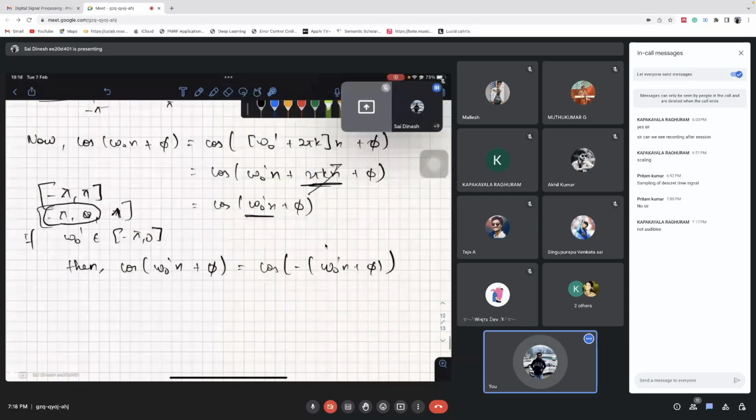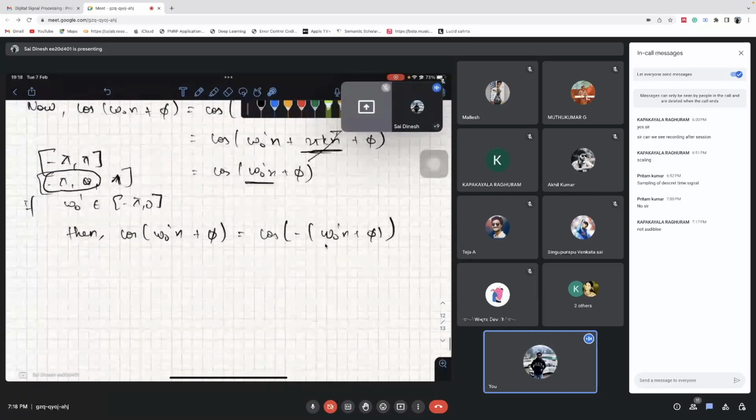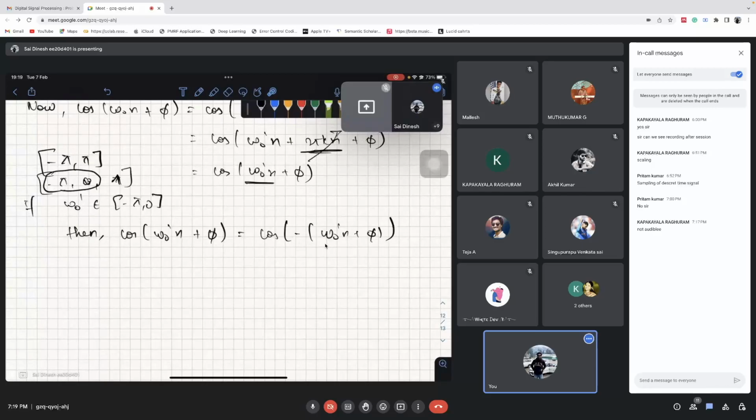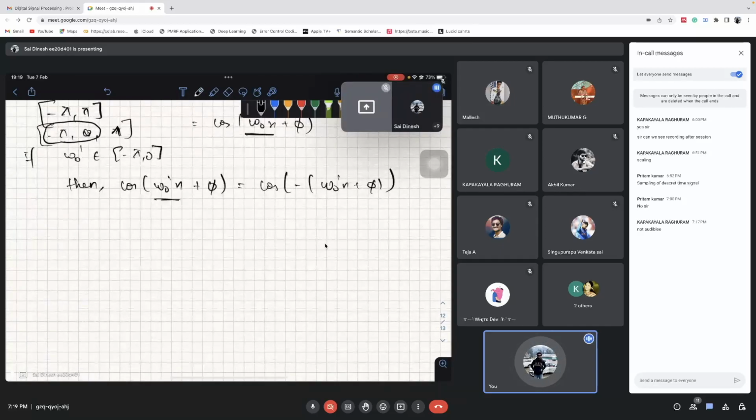So let's say you have an omega naught and then you brought it to omega naught dash, which is in the range of minus pi to pi. Let's say this new omega naught dash n is in the range of minus pi to 0. So cos of omega naught dash n plus theta, cos of theta is equal to cos of minus theta. I'm just applying the principle here. So this will be cos of minus omega naught dash n minus phi.